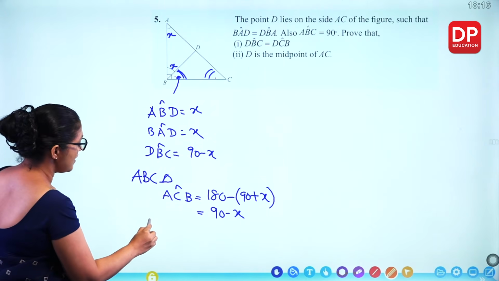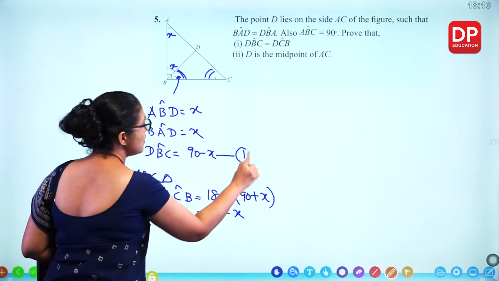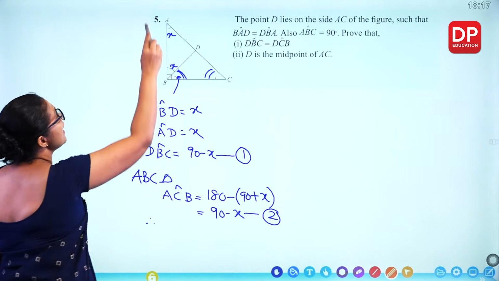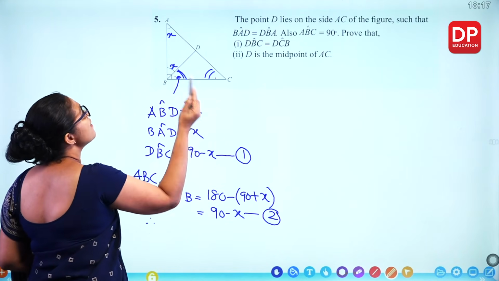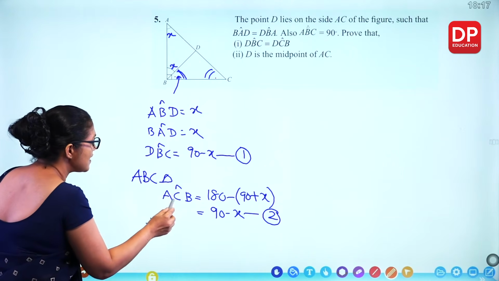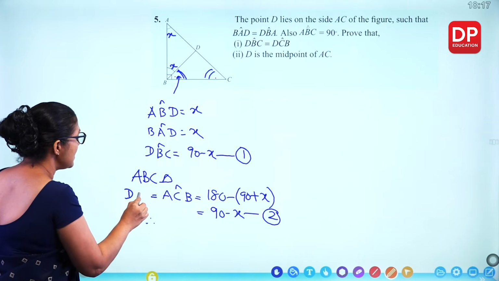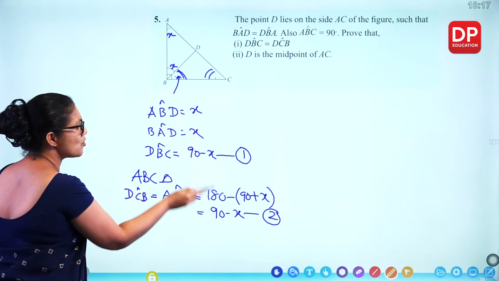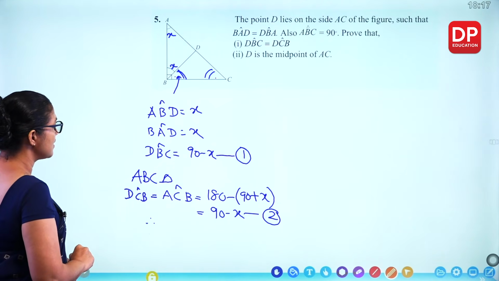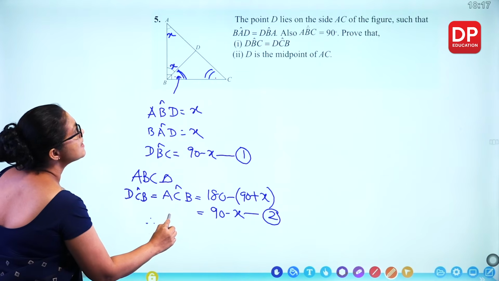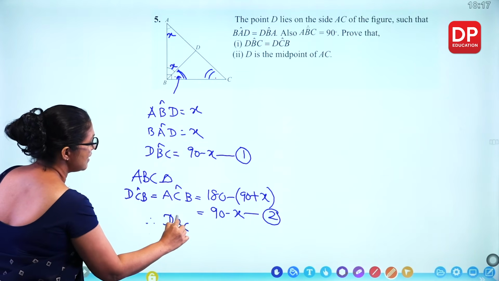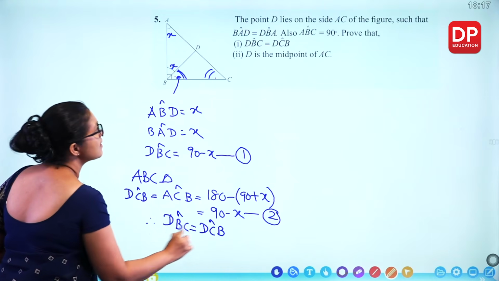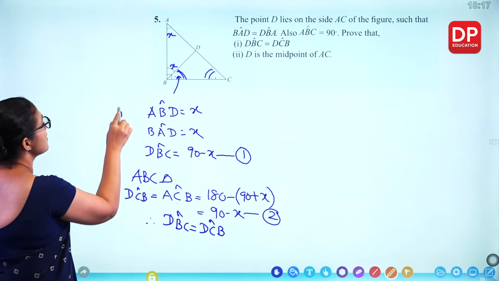Therefore ACB you can write as DCB. So according to these two, DBC angle is same as DCB angle. So that's the first part.